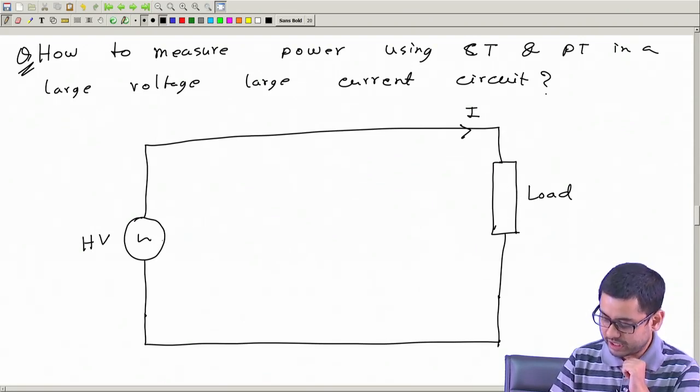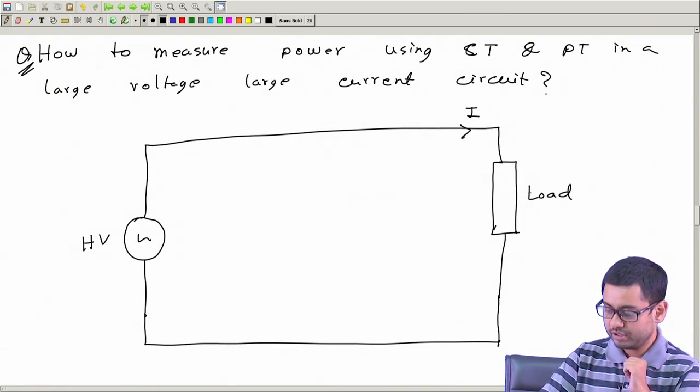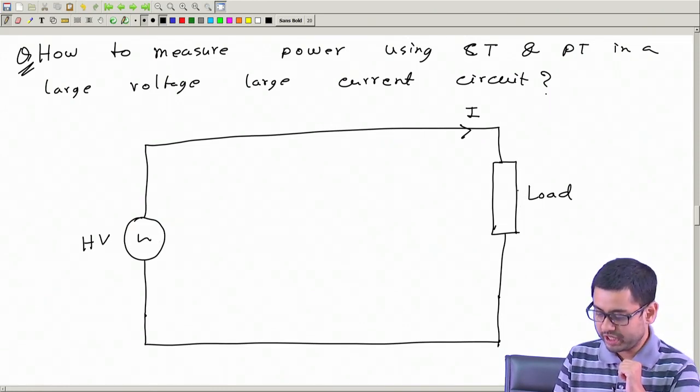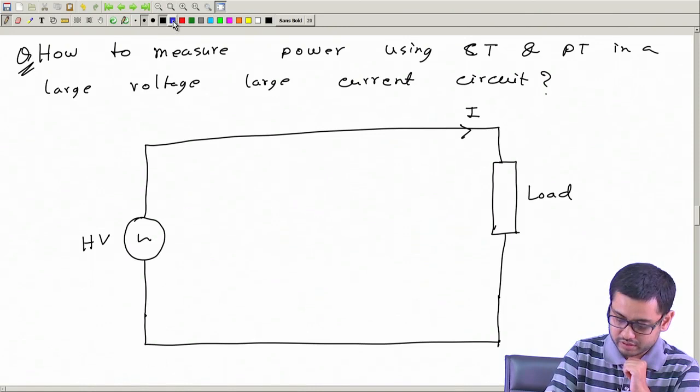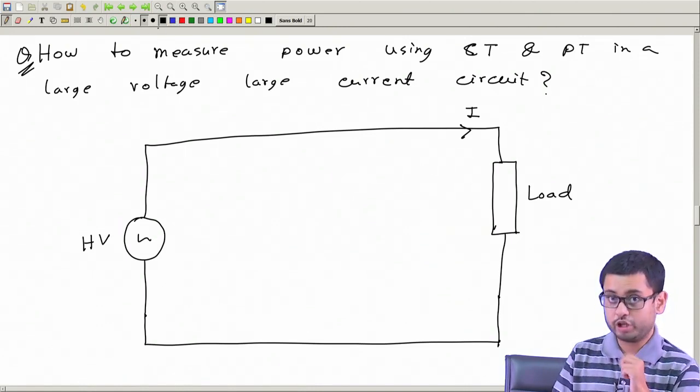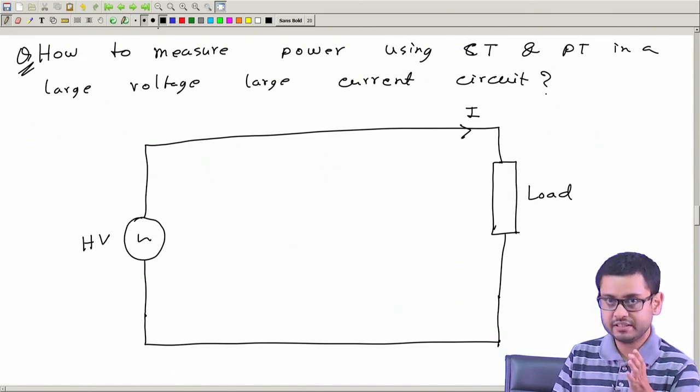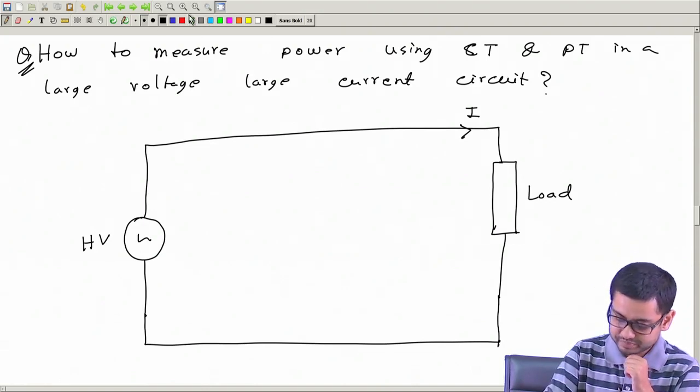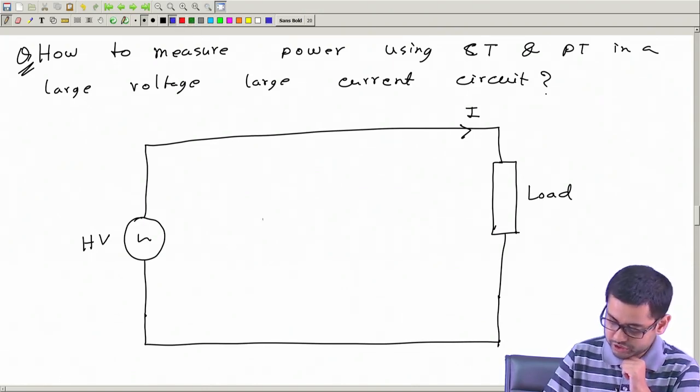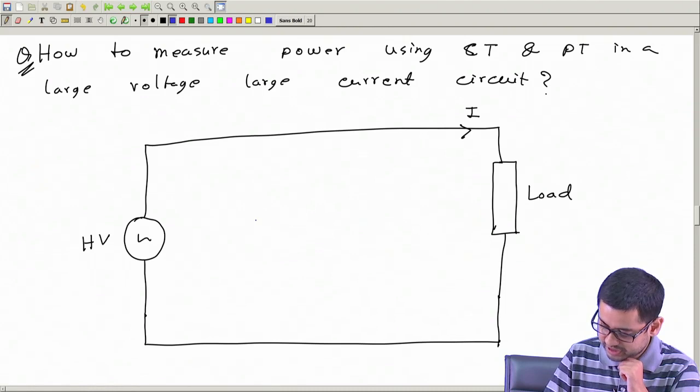power being delivered by the source or consumed by the load. So what do we normally do? We use a wattmeter, or if we want to measure energy, then we use an energy meter.